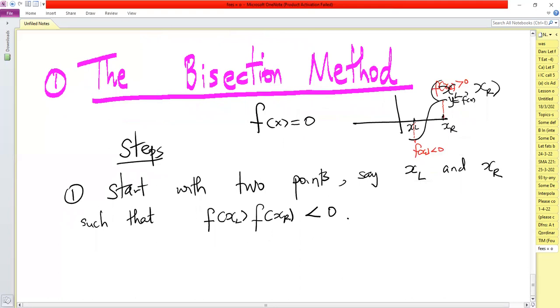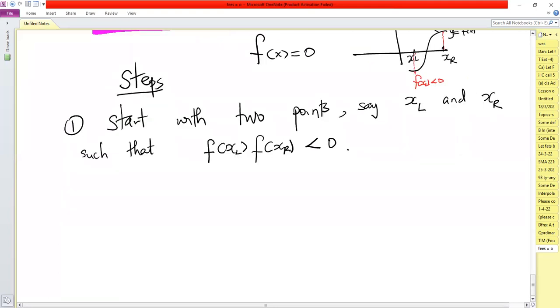Sometimes you may be given the interval XL, XR, and sometimes you may be required to find the interval on your own. But the key thing to know that the root lies between these 2 values, XL and XR, is to ensure that when you take f of XL times f of XR, you get a negative value, or simply the signs of f of XL and f of XR are opposite.